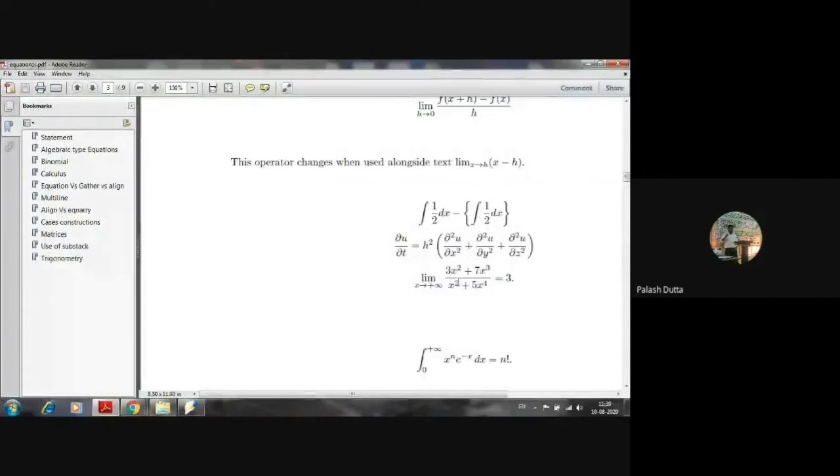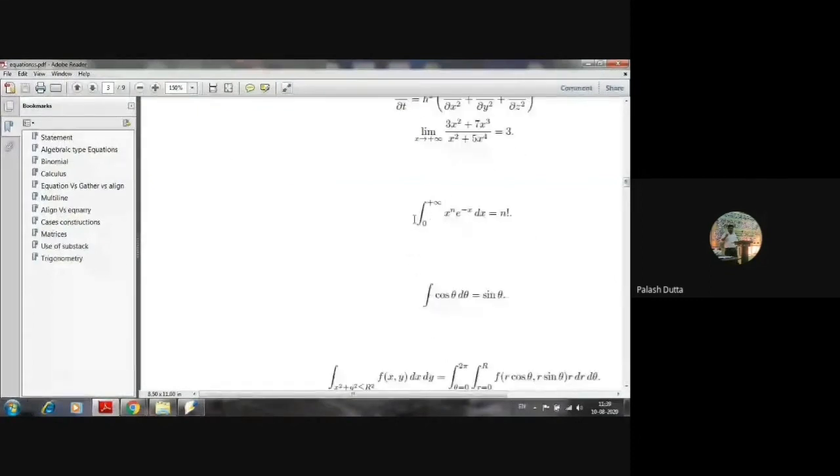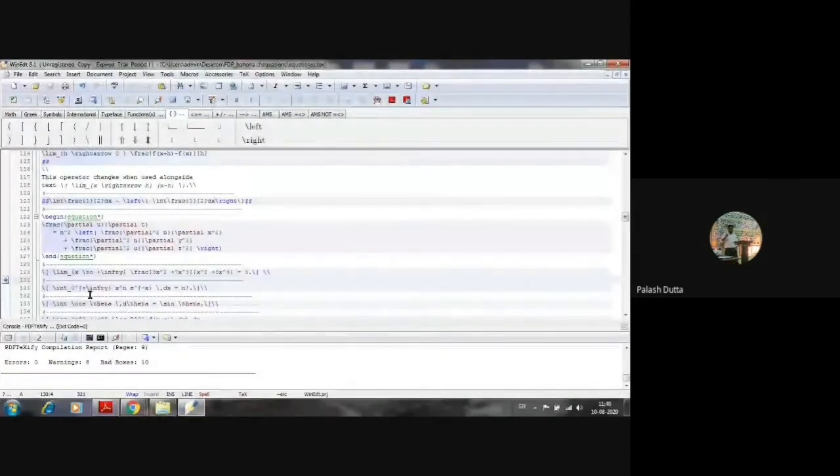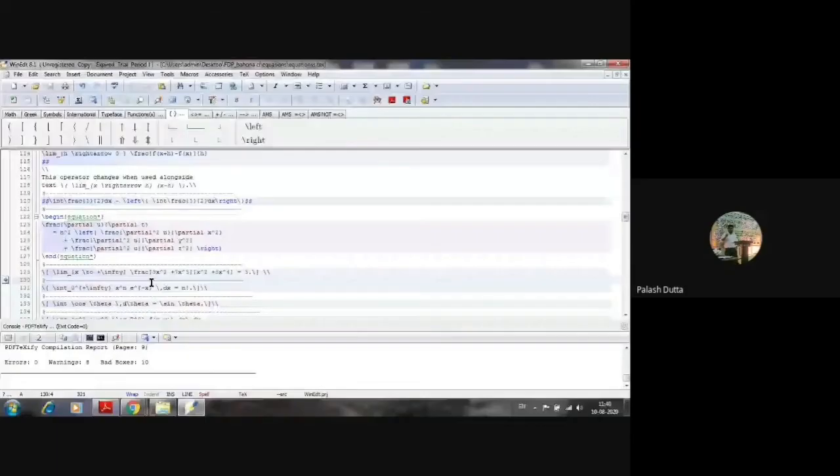Similarly, we can write this expression directly by writing slash int, meaning integration, underscore 0 to caret 2 plus infinity, x to the power n, x caret n e to the power minus x, then dx equal to this, right?